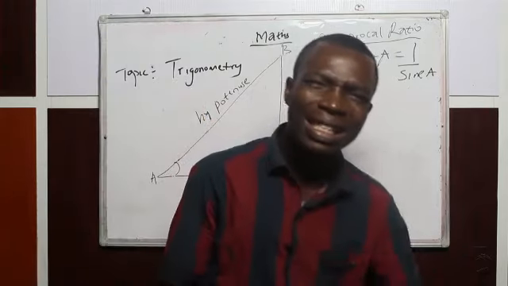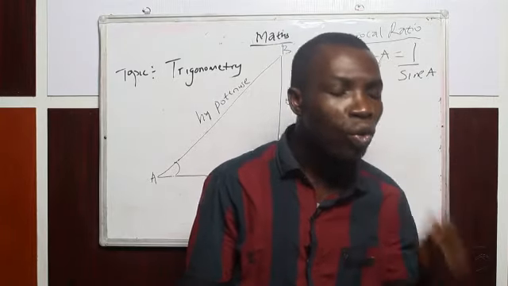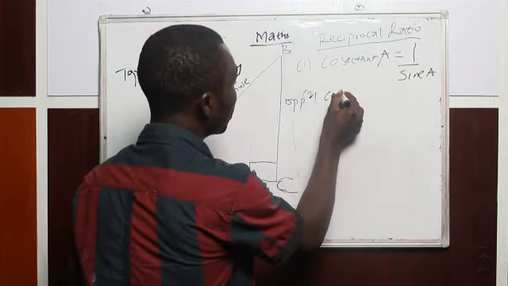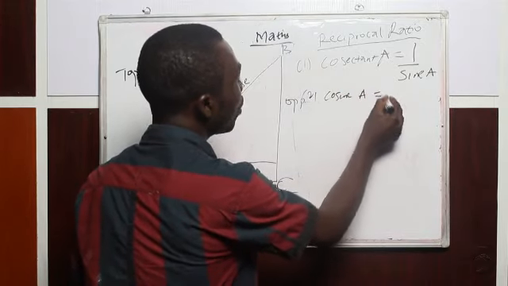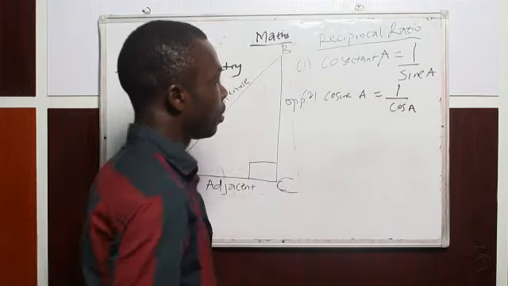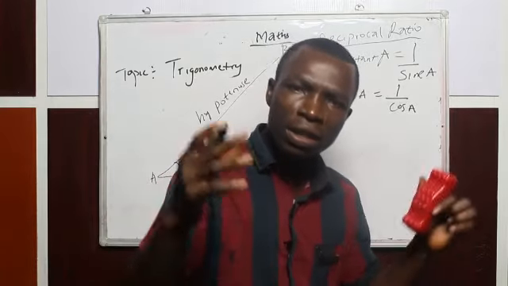Good. Cos A has another reciprocal ratio. Secant A is equal to 1 over cos A.